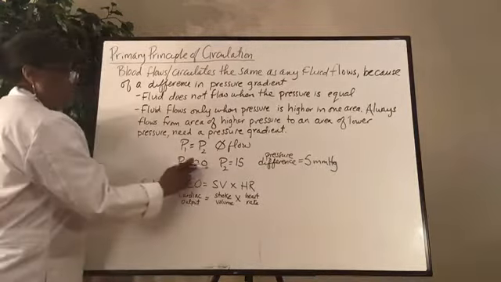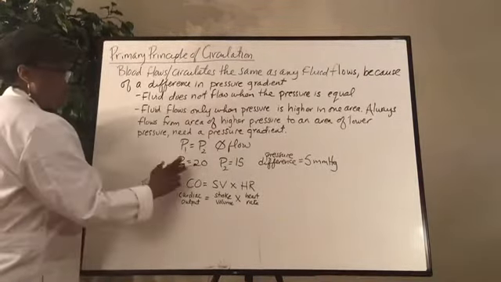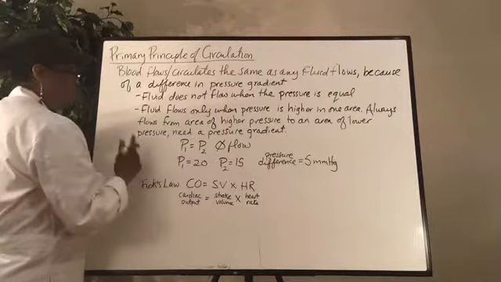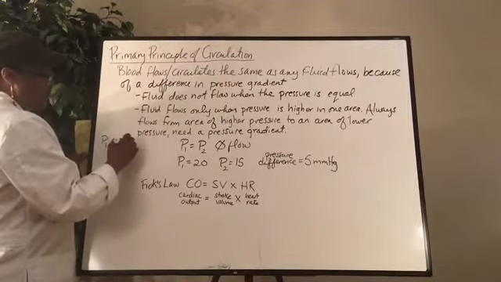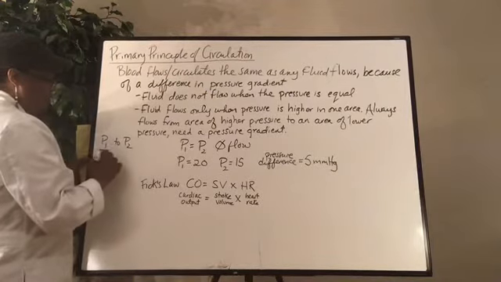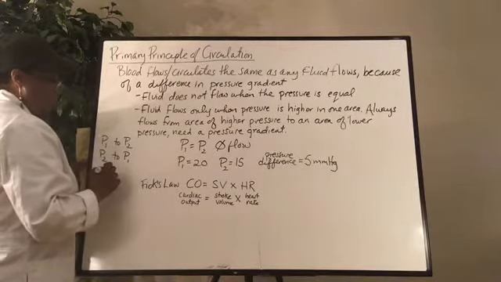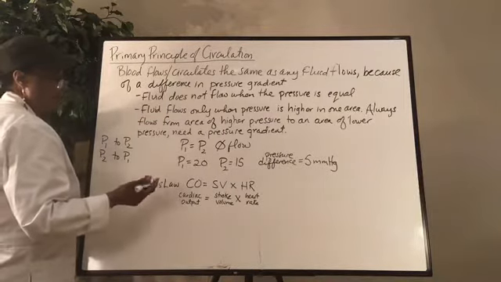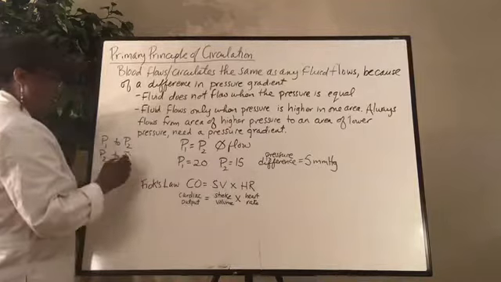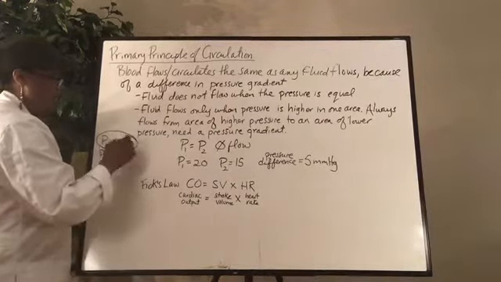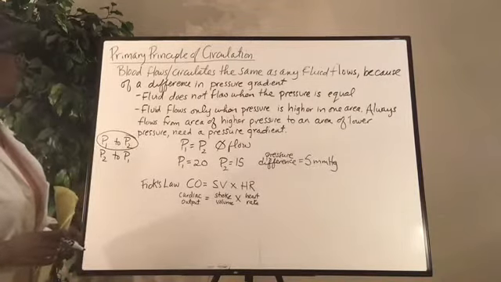Which way will the flow go? From P1 to P2, or from P2 to P1? It goes from a higher pressure to a lower pressure, so it's going to go from P1 to P2.